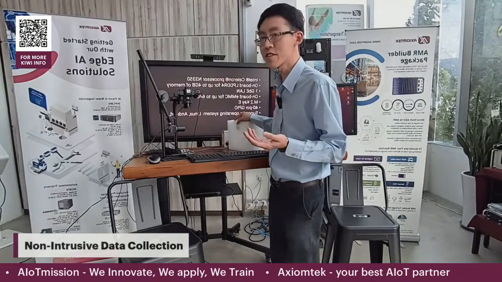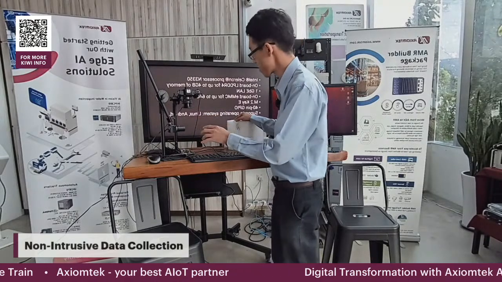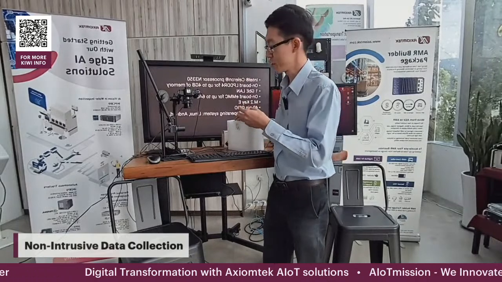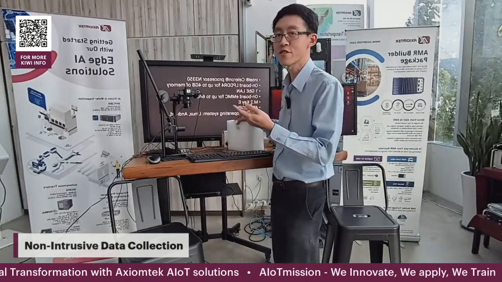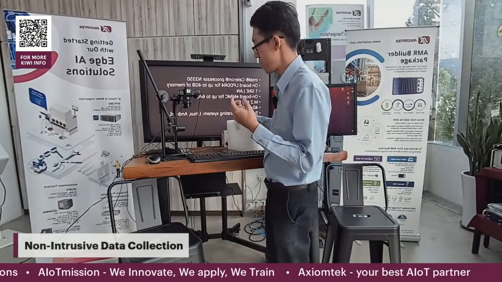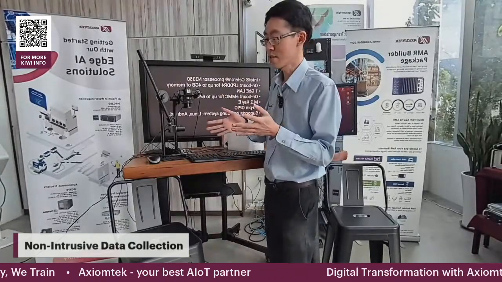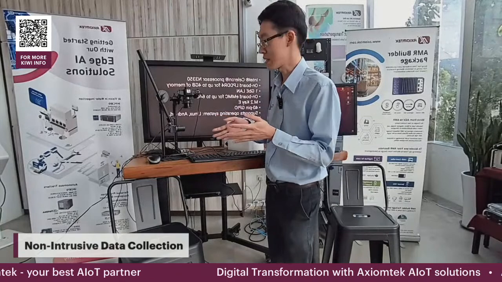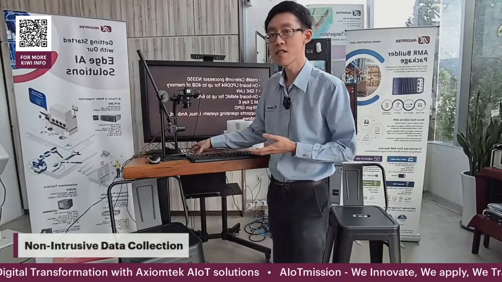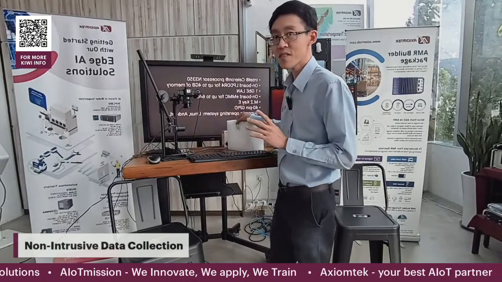So one of the solutions is using AI, a computer vision solution, to capture the image of the meter, and then we use the AI to analyze what reading is displayed on the analog meter right now. In a factory or industrial environment, you don't have much space, so it's a space constrained environment. So we will use this Kiwi board, a 1.8-inch Kiwi board, to solve this problem.